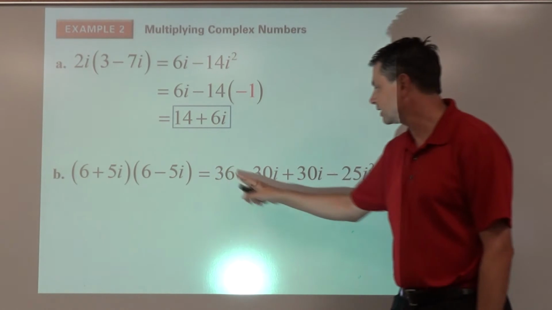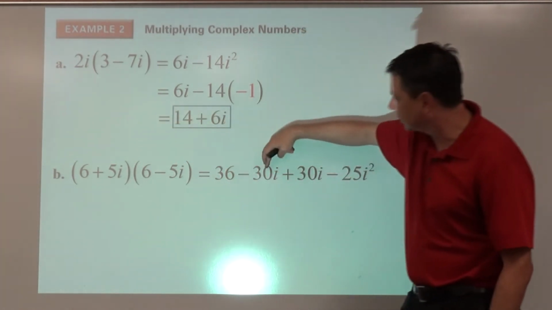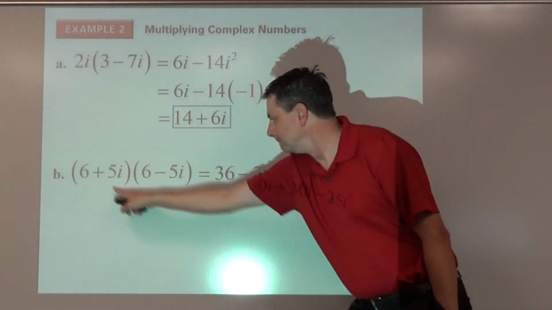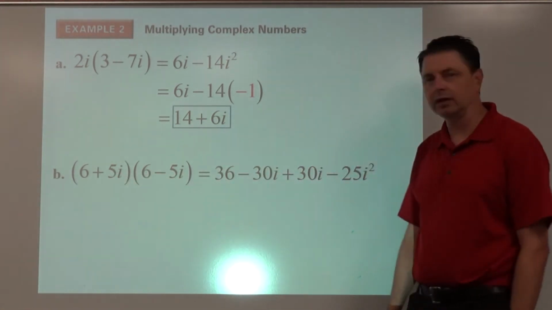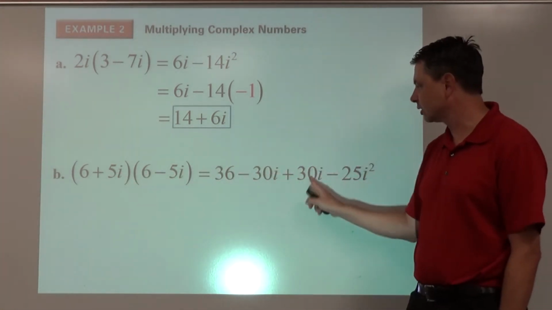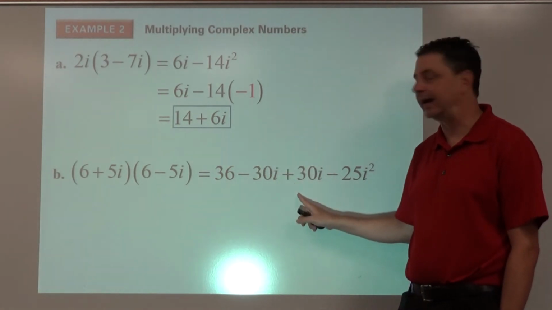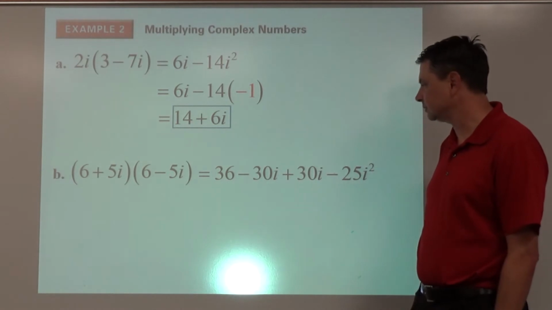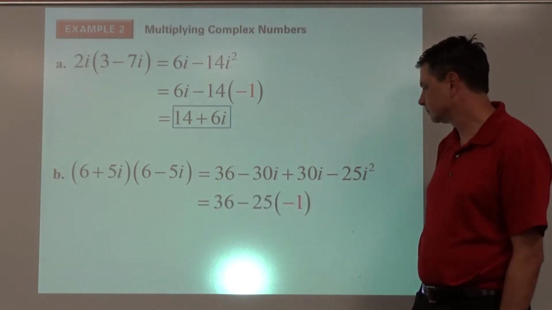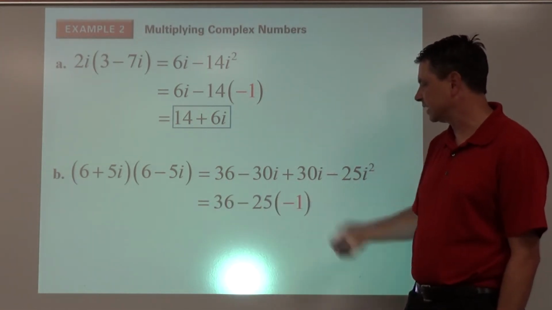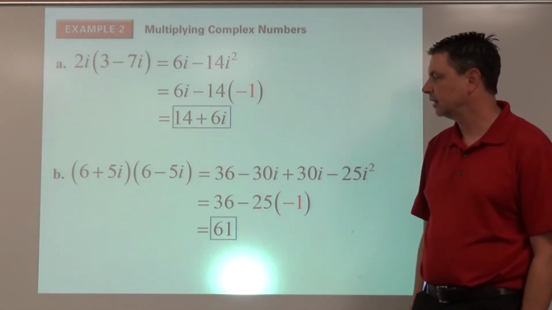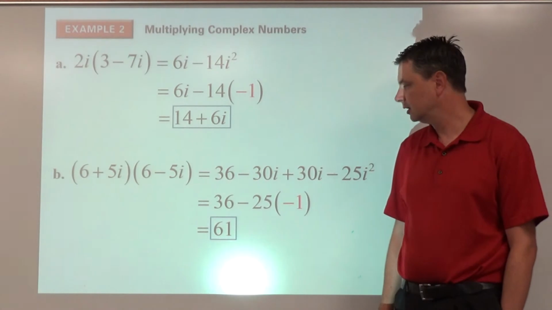So 36 minus 30i plus 30i minus 25i squared. These are like terms, and they can cancel out. i squared is -1. Negative 25 times -1 is positive 25 added to 36, and we get 61.